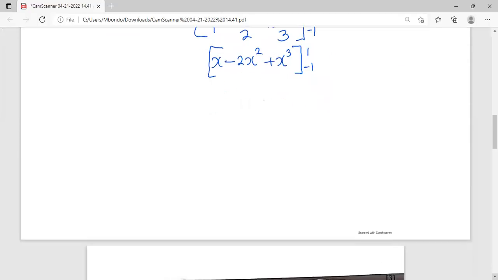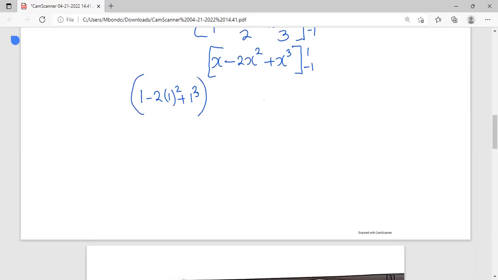Okay, so at this point, you know that where there's an x, we'll put 1. I'm going to start with the first one. So here we say 1 minus 2, again here we put 1 squared plus 1 cubed. All these we put in brackets.